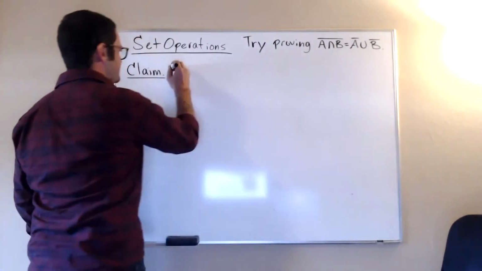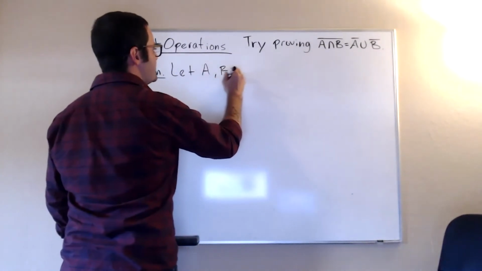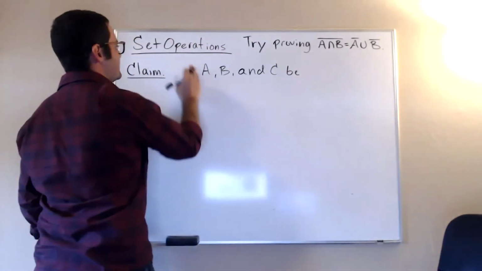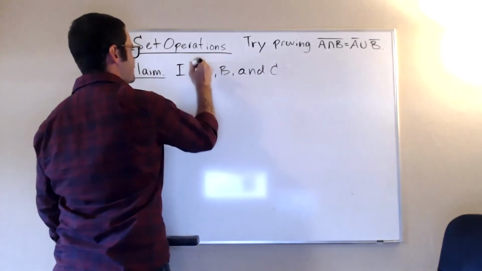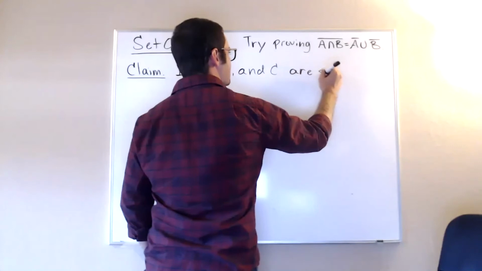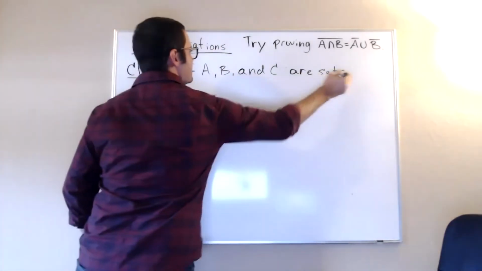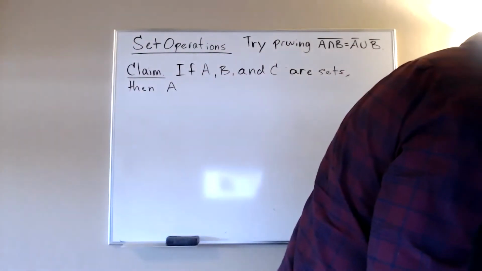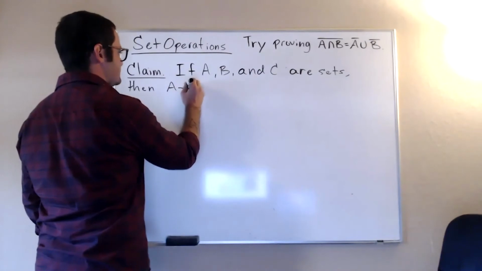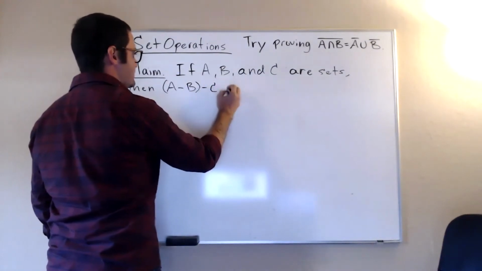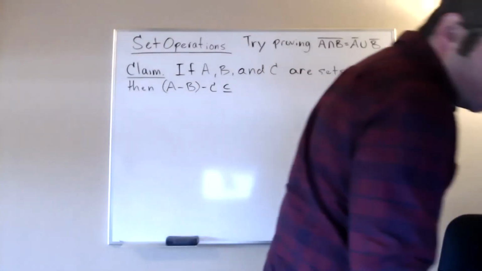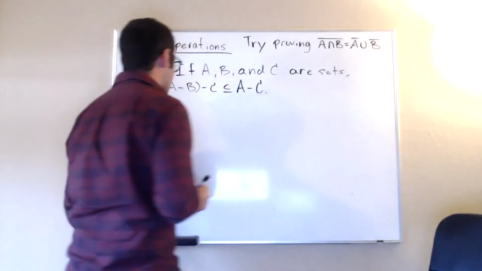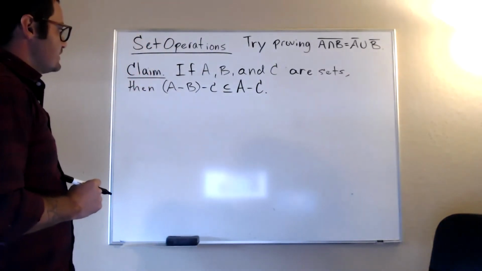Okay, so let A, B, and C be sets. Then A set difference B, set difference C is a subset of, say, A minus C. Actually, we'll come back to this one.